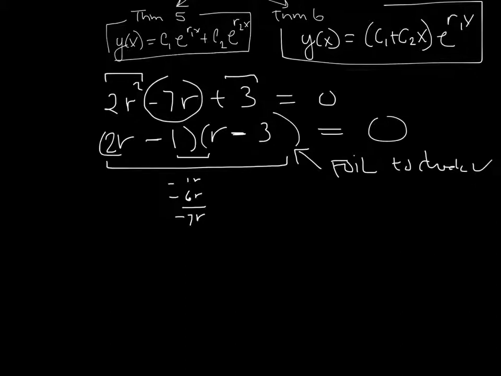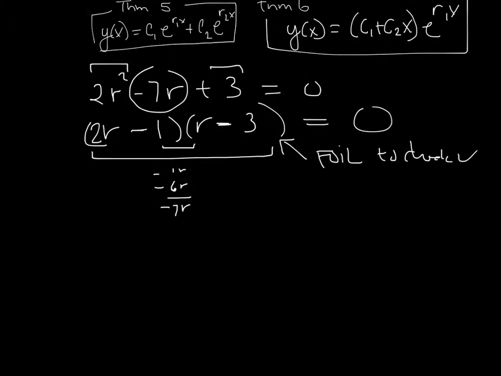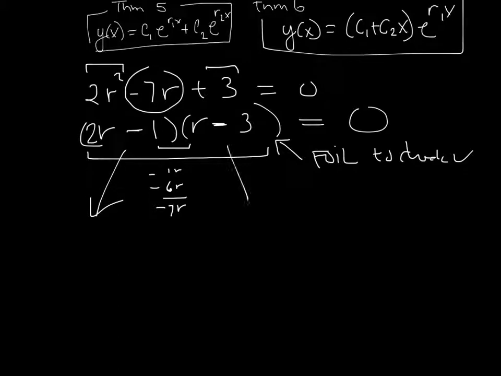Okay, so I factored my polynomial, so using the zero factor property, this problem is taking a little bit long. It's not supposed to take this long, but it's the first example, so I want to explain my thought process. So we have either this factor is equal to 0 or this factor is equal to 0.